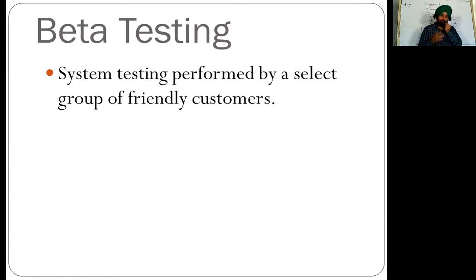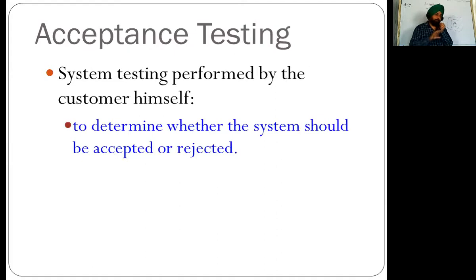You also tell them the requirements in the SRS, that this product is supposed to do these functionalities. You ask them to use it regularly at their end and see if there is any discrepancy. This type of testing with friendly customers is known as beta testing. Just remember it is a system testing; the whole product is given there.